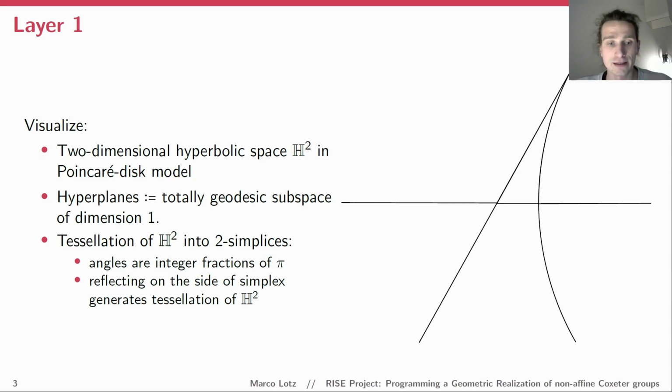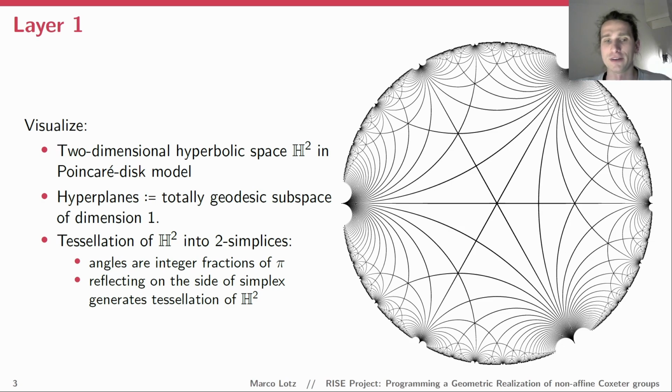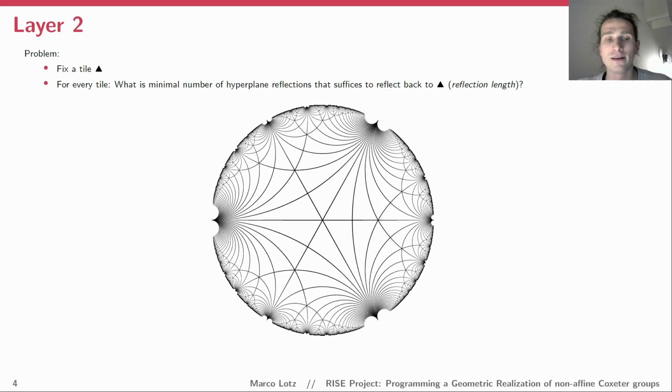We have hyperplanes in this model and tessellations of the hyperbolic space into two-dimensional simplices, with the conditions that the angles of the simplices are integer fractions of pi, and reflecting on the sides of one simplex generates the whole tessellation just like this. So this is a full tessellation. That's the first layer.